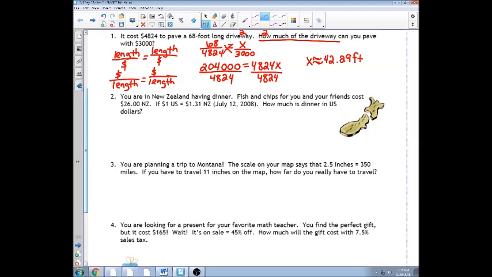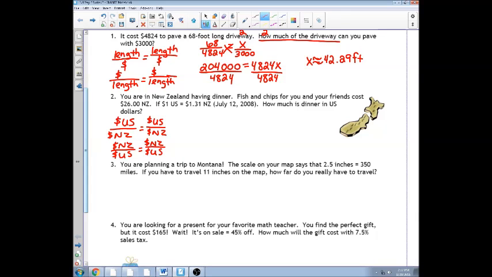What we would want to do is the US dollars over the New Zealand dollars is equal to the US dollars over the New Zealand dollars, or you could do the New Zealand dollars over US is equal to the New Zealand over the US. Just remember that in your numerator you need to have the same units, and in your denominator you need to have the same units. Okay?